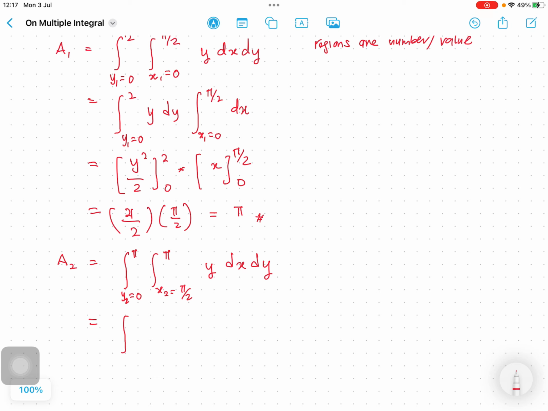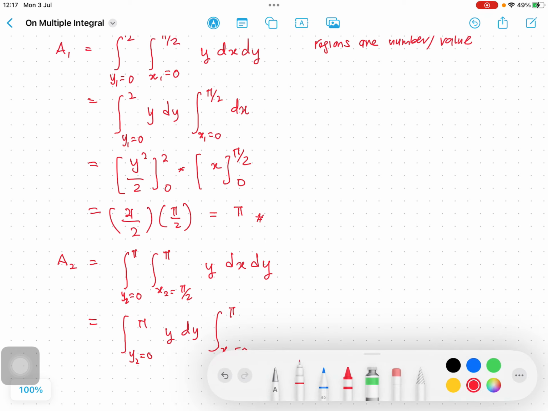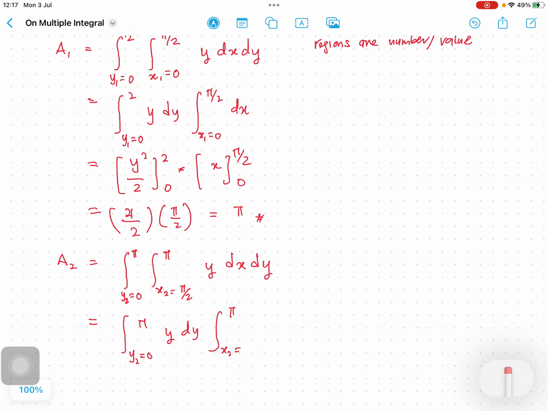Then you can just divide: y2 from 0 to pi, y dy, multiply with x2 from pi over 2 to pi, dx.